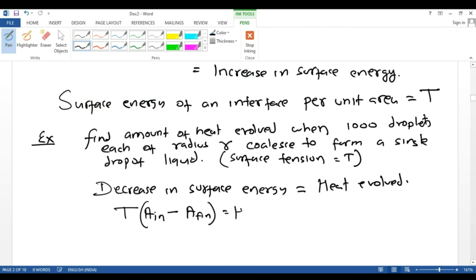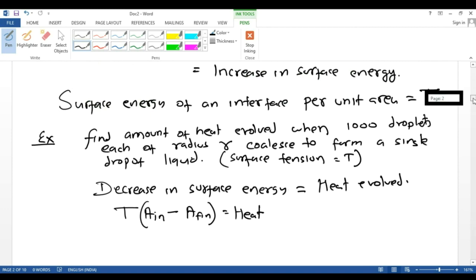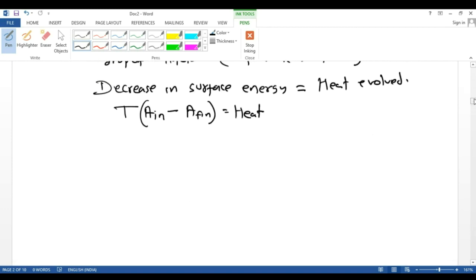That will be equal to the heat evolved. How do you find the initial surface area? It's very simple. A initial is equal to 1,000 times 4 pi r square, and A final equal to 4 pi capital R square.